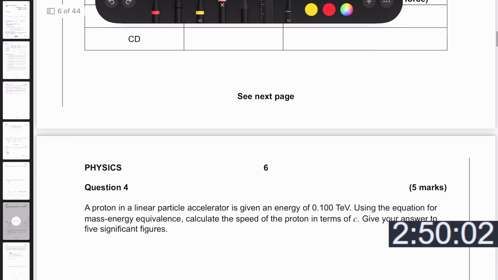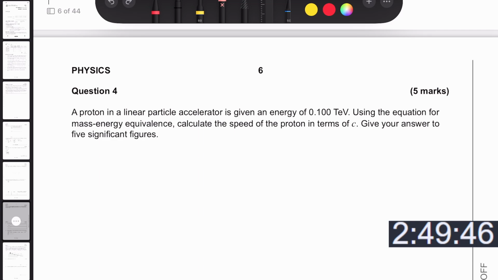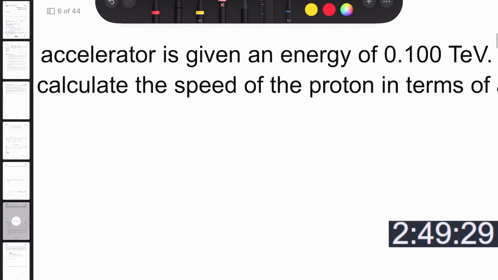So yeah. Okay, a proton in a linear accelerator is given energy up to that. Use equations for mass energy equivalent. Calculate the speed in terms of c. Answer to 5 significant figures. A proton is given an energy, E of the proton is 0.1.